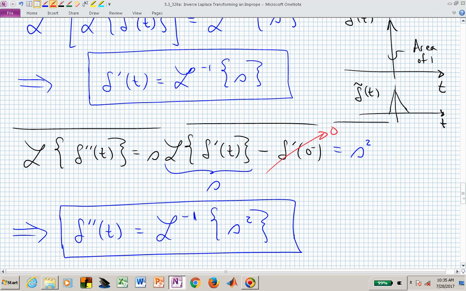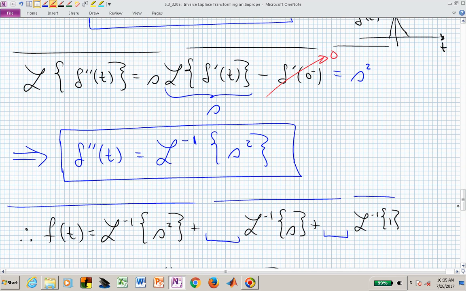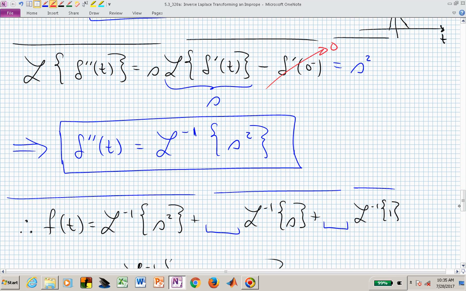Now we have a way of going from the frequency domain expression, s squared, into the time domain. We've just learned that this piece is going to be delta double prime of t. This piece is now delta prime of t, and this piece is an impulse.